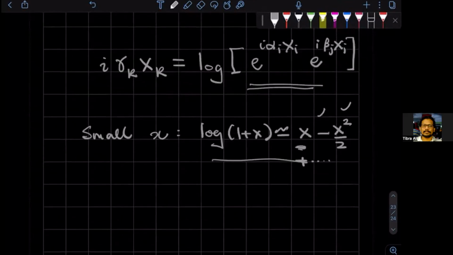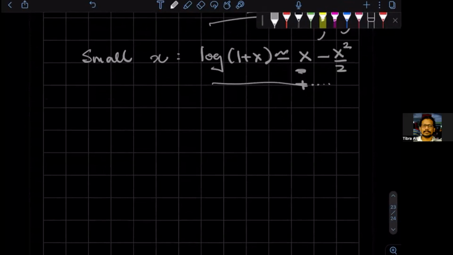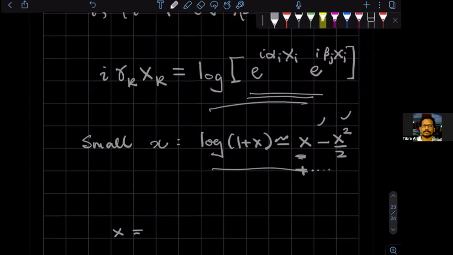So if I use this formula, then I can identify x to be e to the power i alpha_i xi_i, e to the power i beta_j xi_j, minus 1.